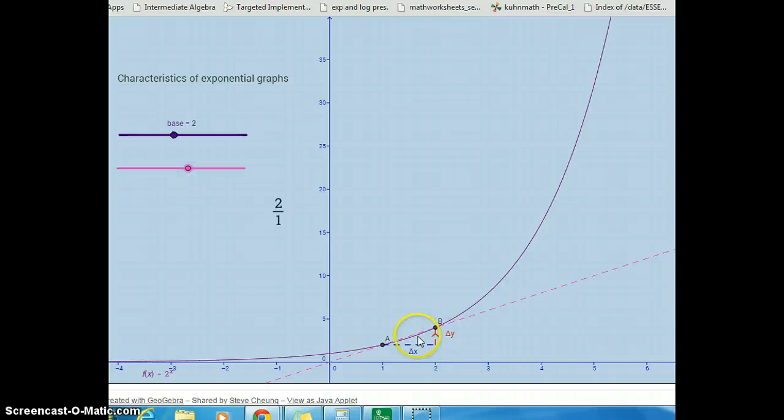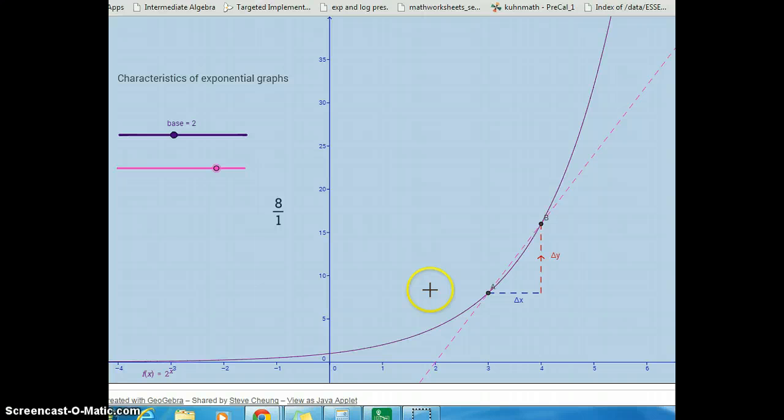Then I want to measure the slope between years 1 and 2, and now it's 2/1. Between year 2 and year 3, I have 4 over 1. And between 3 and 4, I'm going to have 8 over 1.